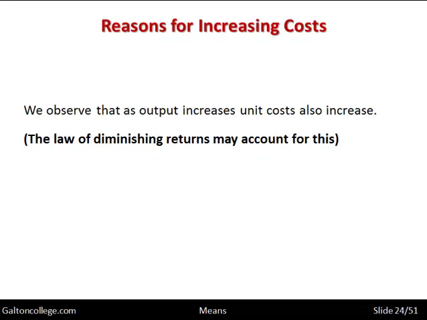We observe that as output increases, unit costs also increase. Now, this may be accounted for by the law of diminishing returns, or it may be simply accounted for by the fact that we're demanding more of this resource and therefore bidding the price up against ourselves. We want more of the resource, we demand more, so the price rises. Or it could be the law of diminishing returns.